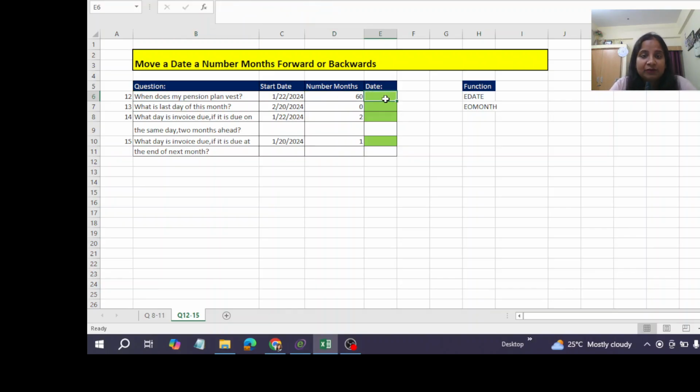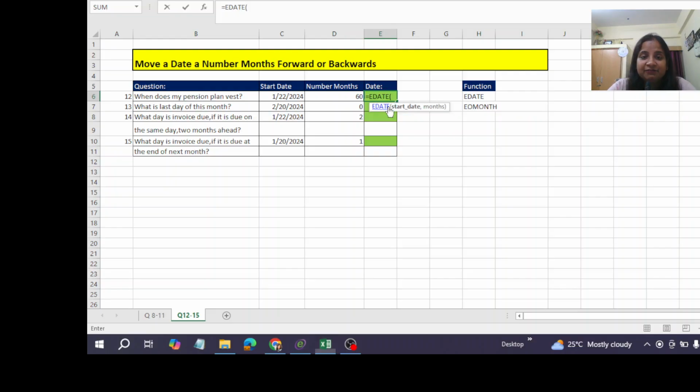So we'll start with the equal to sign, and we will be learning another two functions here. In this case, since we are moving it forward 60 days, no sorry, 60 months forward, the function used will be EDATE.